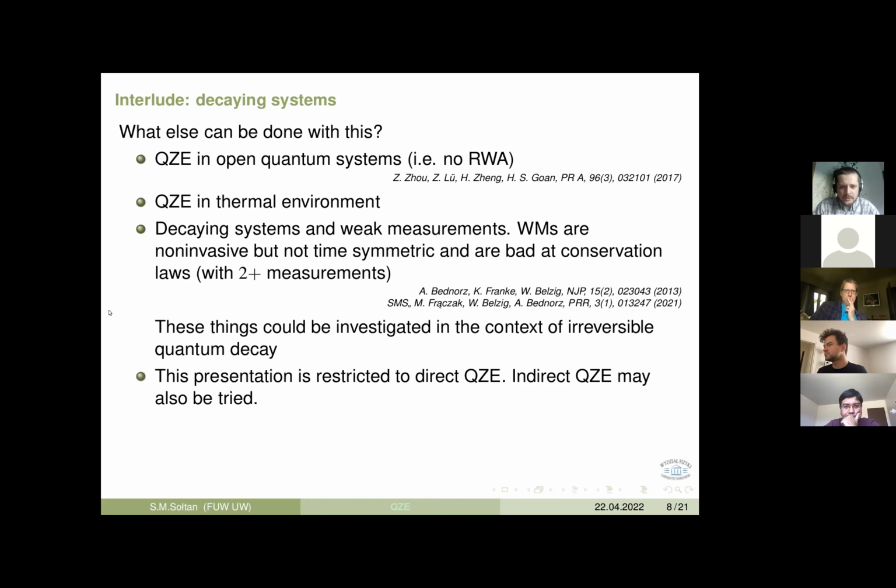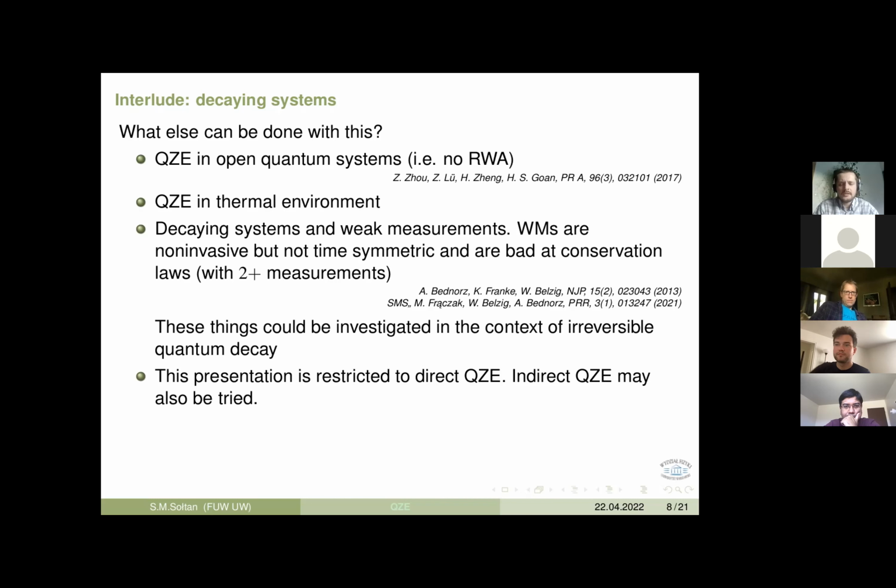Another thing to mention is that this presentation that I show now is restricted to the so-called direct quantum Zeno effect. I do not discuss the indirect quantum Zeno effect, by which I mean that the observation is performed directly on the system.